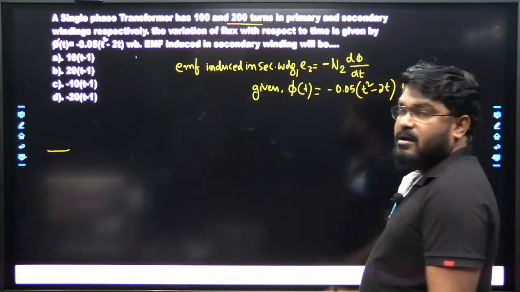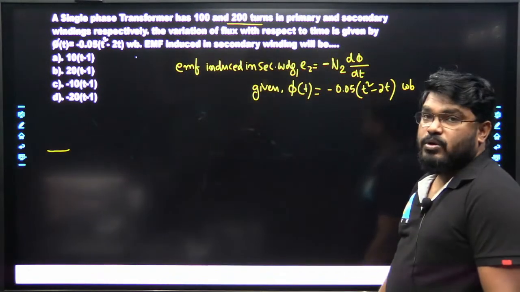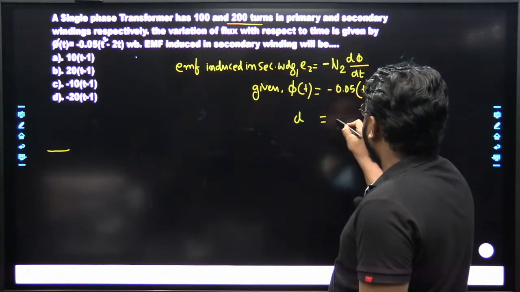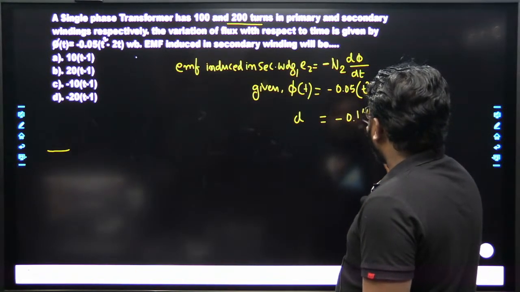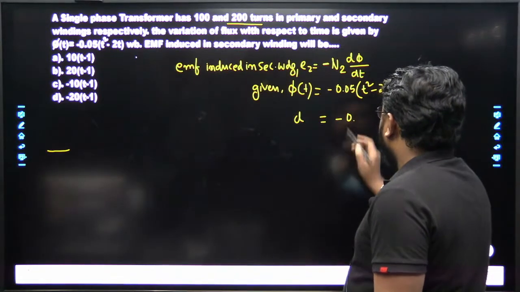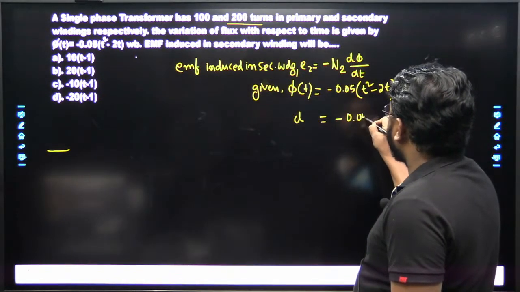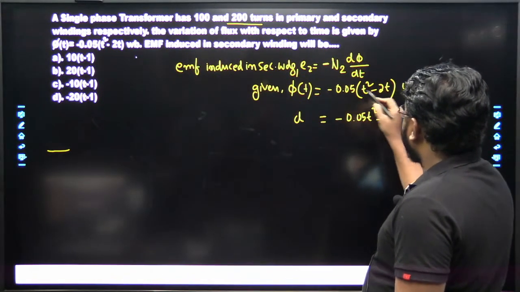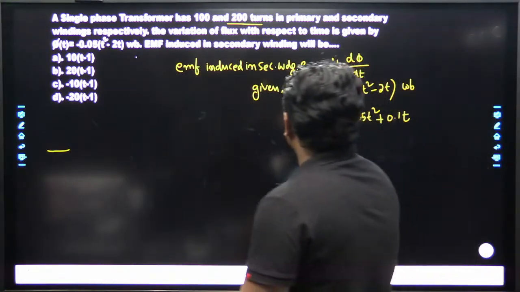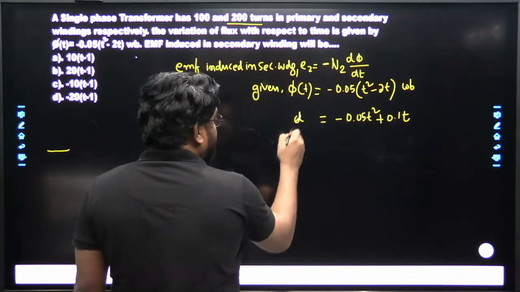Let us simplify this: it is minus 0.05 t square plus 0.1 t. Now let us find the differentiation of these terms.